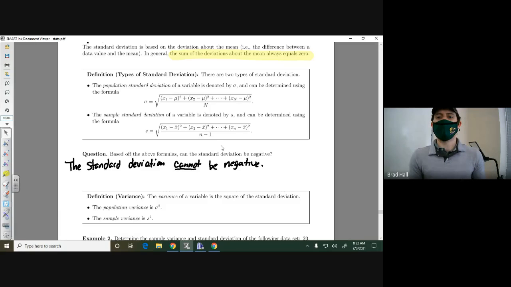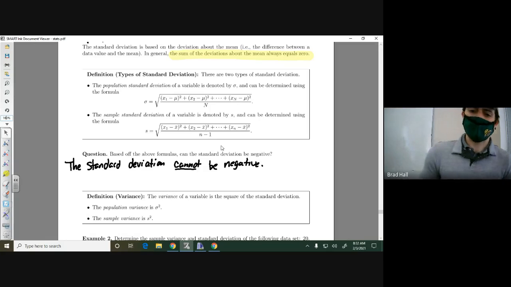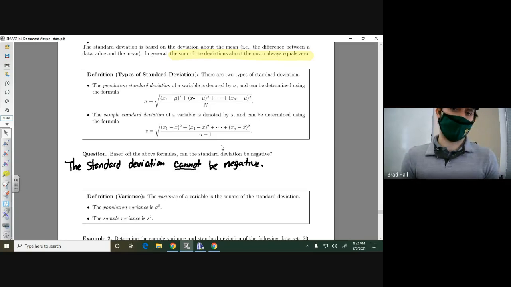Some people don't like the square root part in the formula. Some people are just nitpicky about it, and they like looking at things without that square root. Some textbooks define the variance first and then the standard deviation, and some flip it.